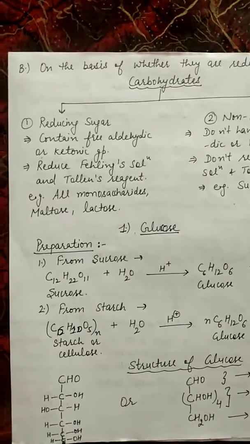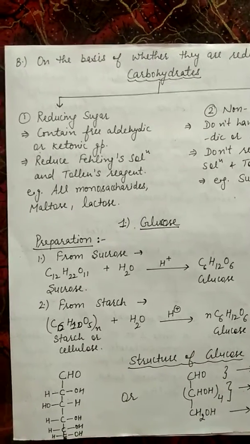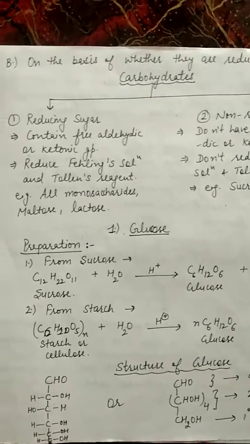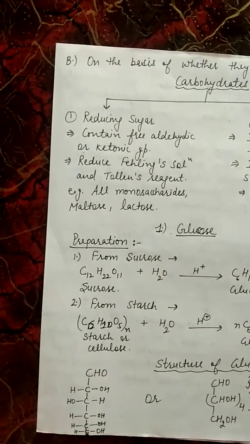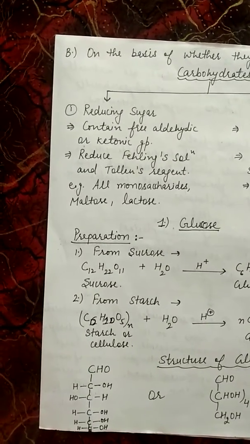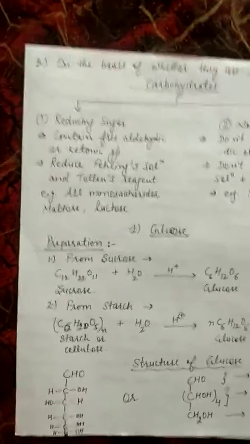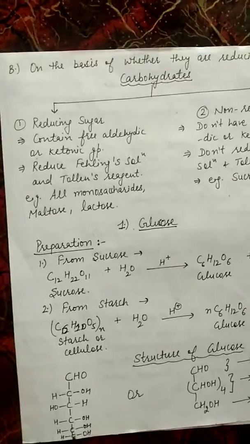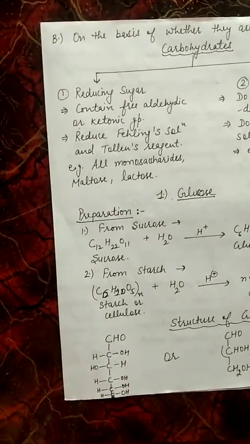Fourth, cellulose acts as a structural material of the cell wall of bacteria and plants. And fifth, carbohydrates provide a raw material for many important industries like textile, paper, etc.